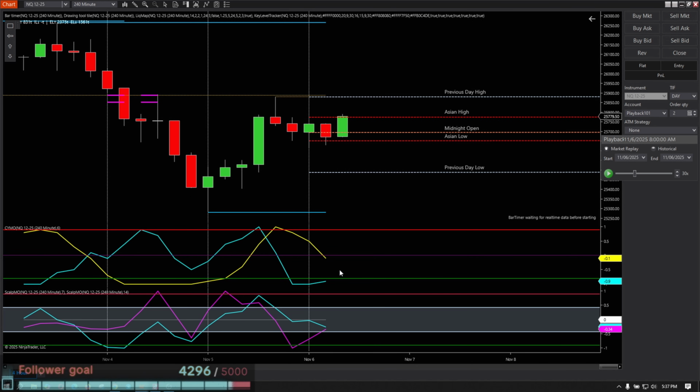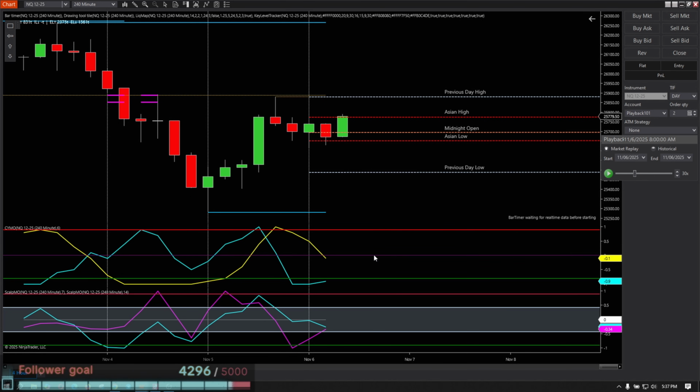Now, what are SIMO and ScalpMo telling us right here? Well, it looks like downside, but this is about an hour before the 9 o'clock candle, so a lot could happen between now and then. Probably not a lot is going to happen on this chart right now. We'd have to roll it, look at the 60-minute and the 15-minute, and then decide which way we want to roll with the market.